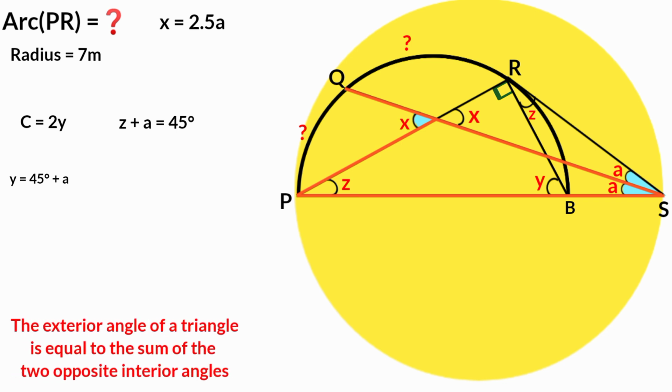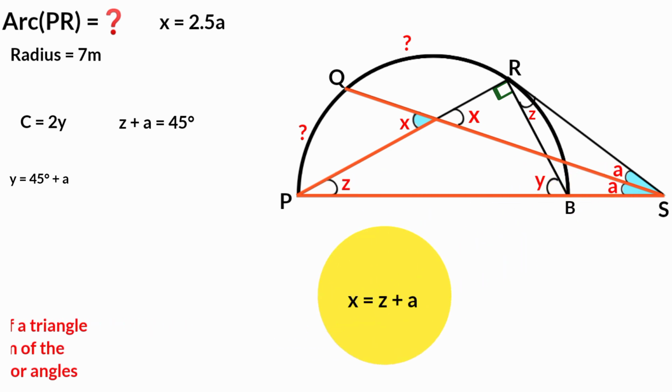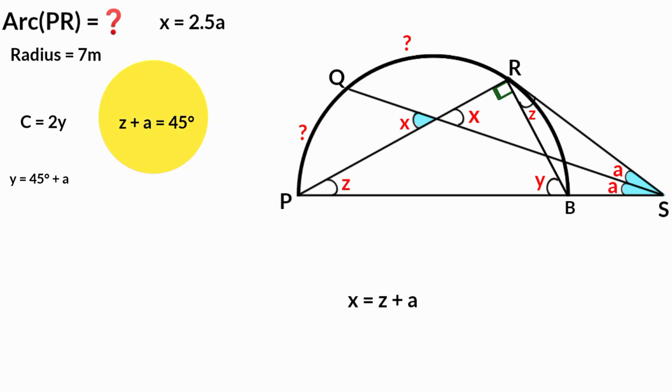The exterior angle of a triangle is equal to the sum of the two opposite interior angles. That means angle X is equal to the sum of this angle Z and this angle A. So X equal to Z plus A. Now recall here, Z plus A equal to 45 degrees. We substitute here. So X equal to 45 degrees.